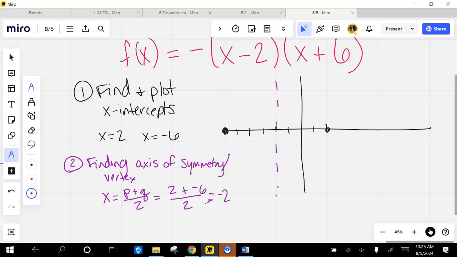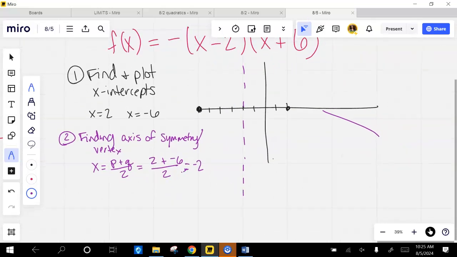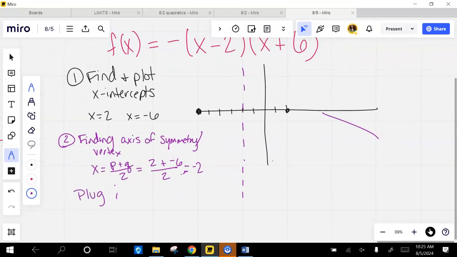If I have the axis of symmetry, and I need the vertex, I've got the x part of the vertex. I have to plug it in. Plug it into what? The first equation, right? I'm going to plug this in right up here. Because I know that y is going to be -2 minus 2 times -2 plus 6. This is -4.